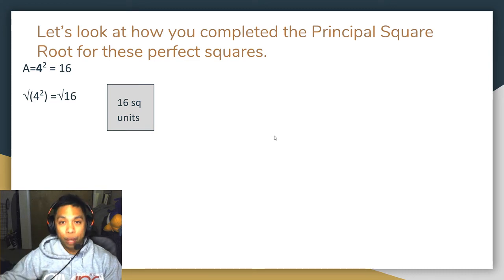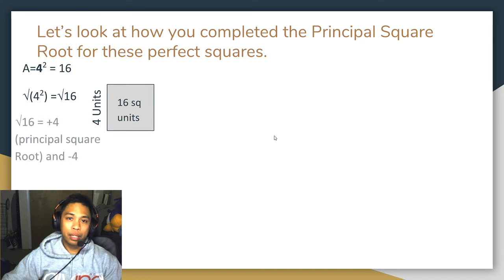So a square is canceled out by a square root. So the square root of 16 is 4. So the principal square root is positive 4, and the second square root is negative 4. We'll talk about the negatives in the next lesson.